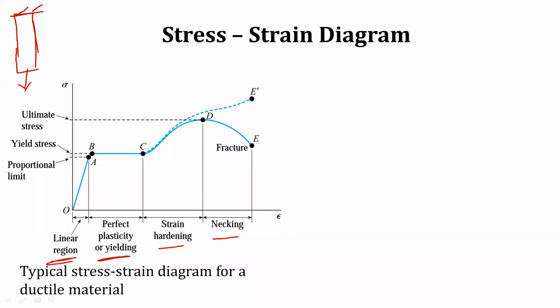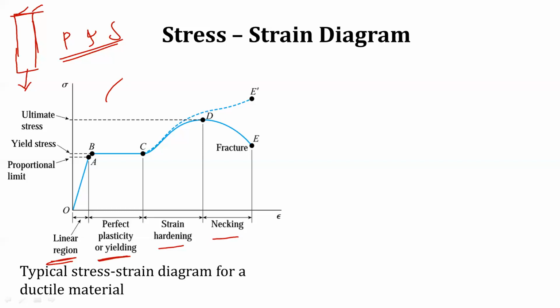After a certain point, this load and elongation relationship will be linear, that is up to point A, and this point A is called the proportional limit, because the load and elongation are both proportional linearly. After this point, if we again increase the load from A to B, you will have a bend, or it will not be a straight line.